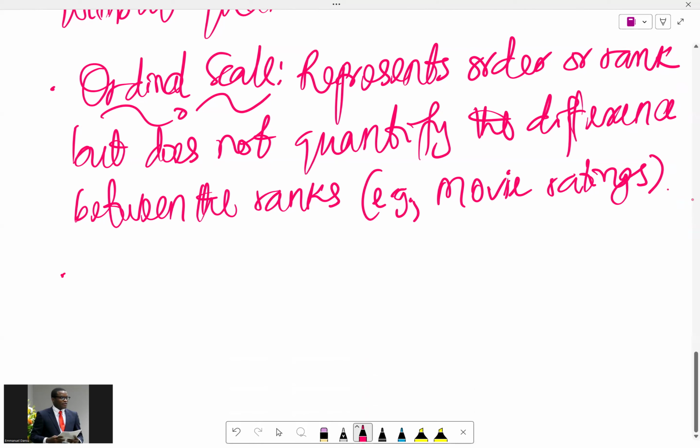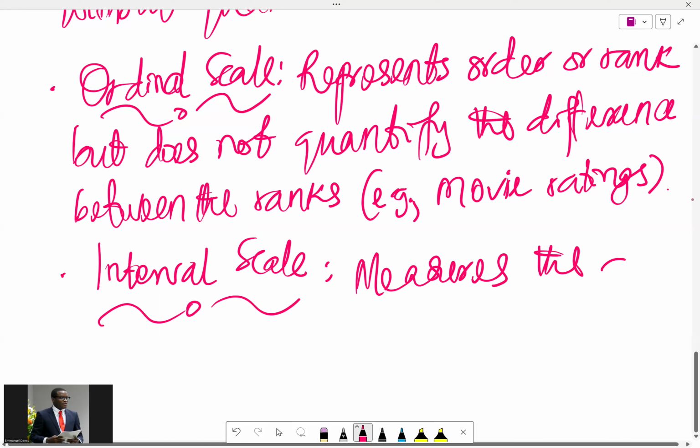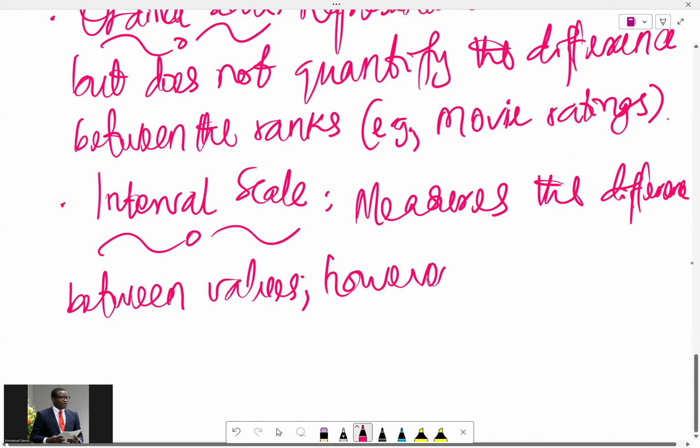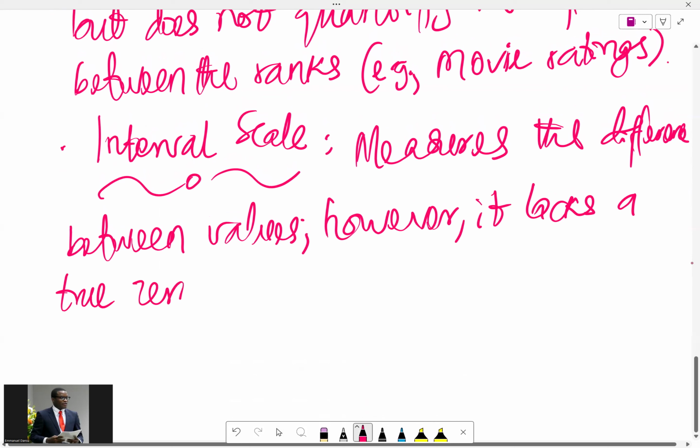Then you have the interval scale. The interval scale measures the difference between values. However, it lacks a true zero. Normally, zero should mean that something does not exist.